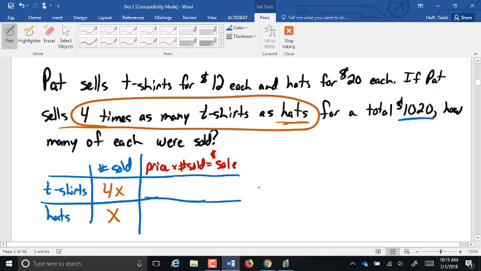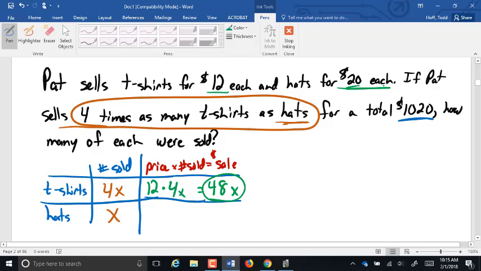So for the t-shirts, the price is $12 times there's 4X that are sold. What is 12 times 4X? 48X. That's our dollar amount for t-shirts.